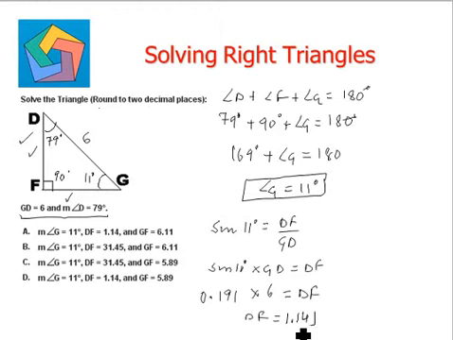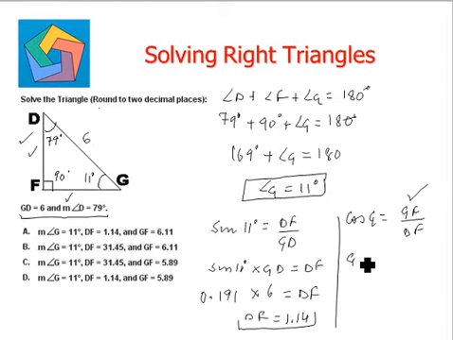So now we found one side of the triangle. Now we have to find out GF. For GF we can use cosine of G equals base, that is GF, divided by hypotenuse. Sorry, not DF, the hypotenuse is DG or GD, which is equal to 6.